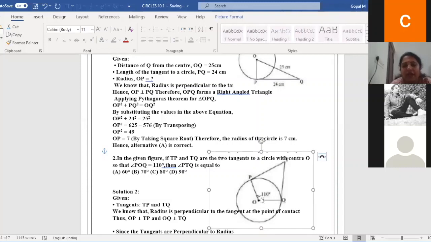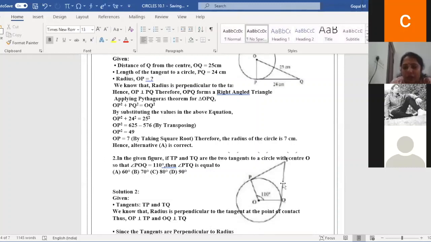They gave 110. We need to find the value of angle PTQ. In this one, I'm going to explain two points.